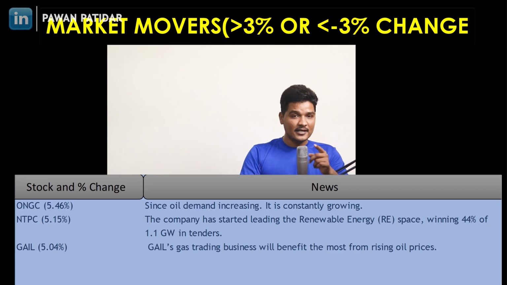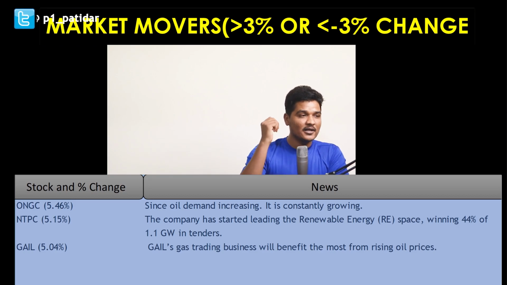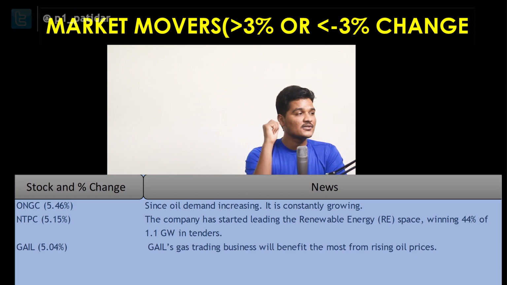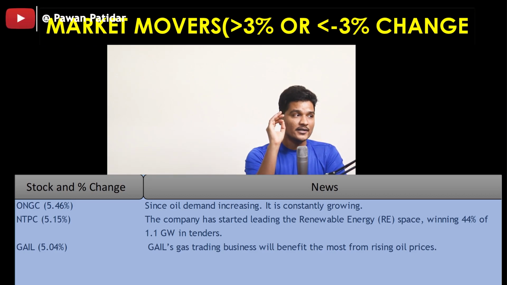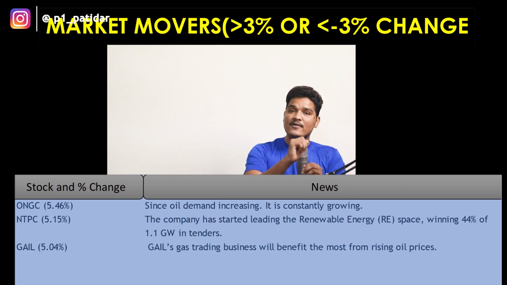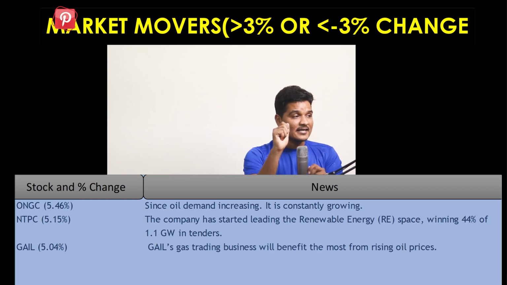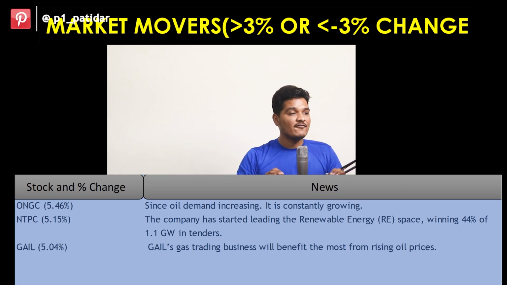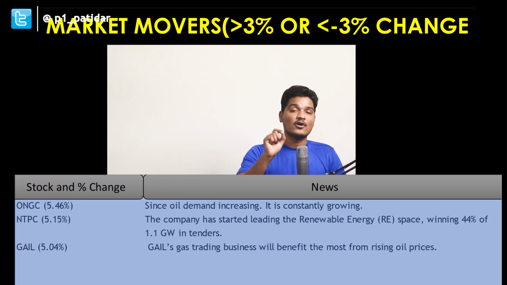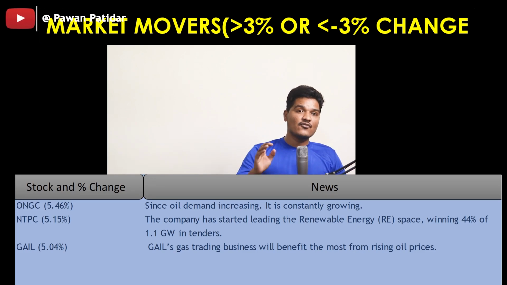Now if you see NTPC, well, the company has started leading the renewable energy space, winning 44% of 1.1 gigawatt in tenders. Well, that was the good news a few days ago. Thereafter, it is moving up, and today it gained 5.15%. If you see GAIL, well, GAIL's gas trading business will benefit the most from rising oil prices. That's why it increased 5.04% today.